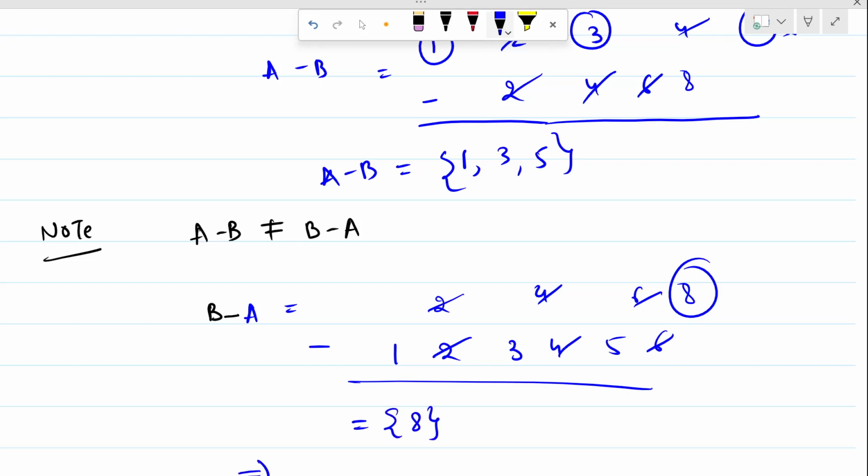So which implies B minus A is not equal to A minus B.